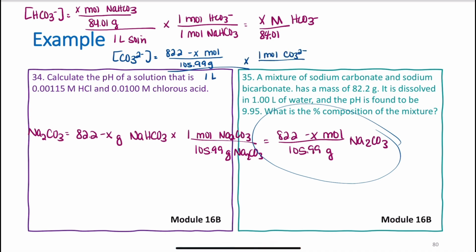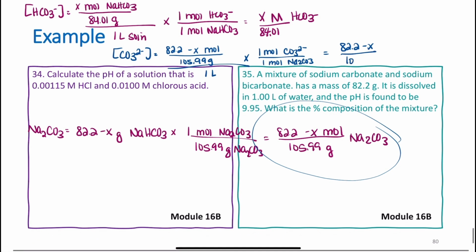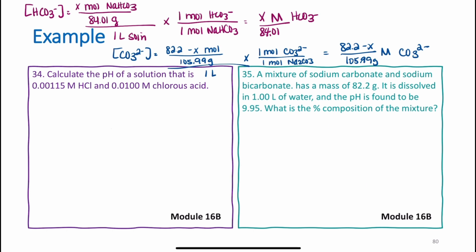I know that 1 mole of carbonate is present for every 1 mole of sodium carbonate. So I have 82.2 minus X divided by 105.99 grams, and that's the molar CO3 2 minus. And I realize how much students absolutely hate what I just wrote, but it's just placeholders for now.